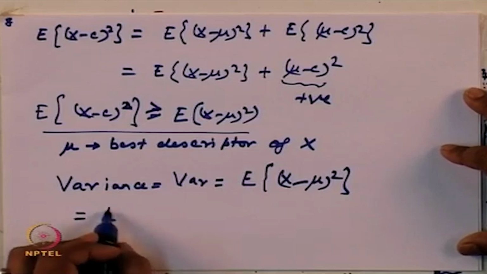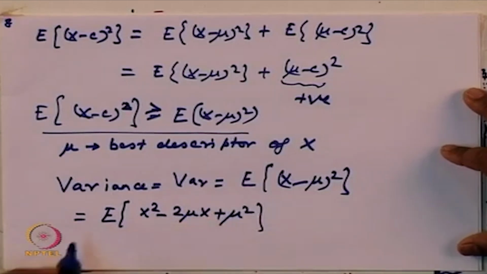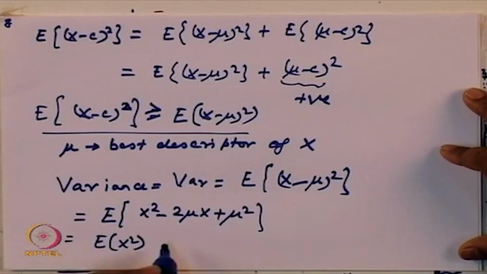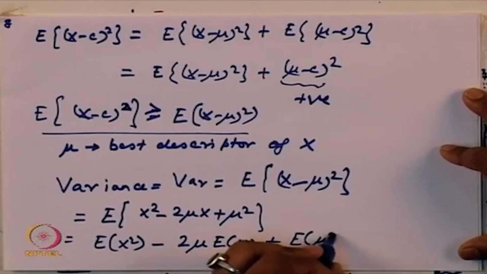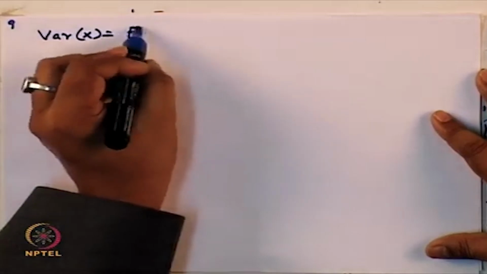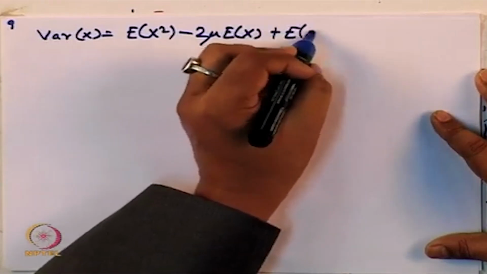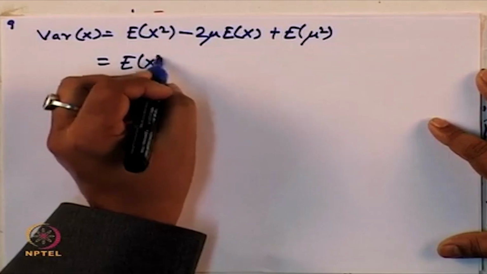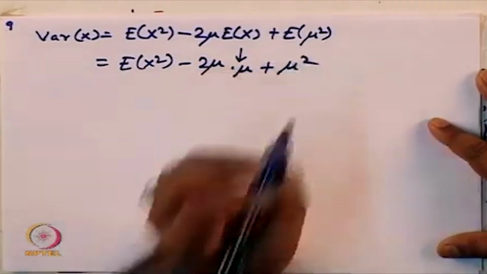So, I can expand this. So, x... expectation of x is simply equal to mu and expectation of mu square is simply equal to mu square, okay.